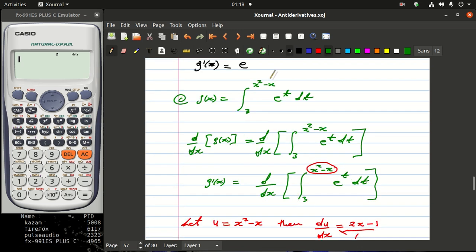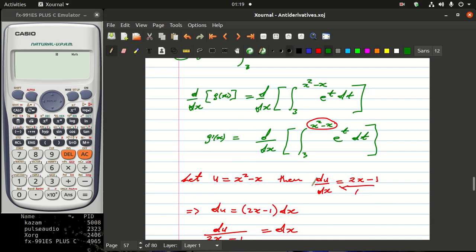But if you are having this thing here, you let it be your u, and then you start replacing it by u, and then you start replacing this by du times something, or du divided by something. That is what we're trying to do here. And then once you actually set your u, find the derivative of u with respect to x, and it's going to be that, and then you cross multiply and solve for this dx.